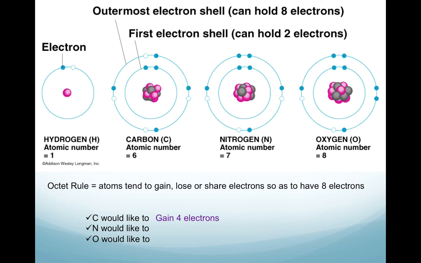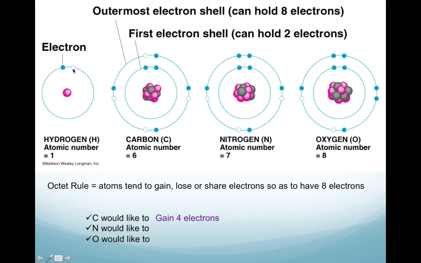Now, these electron shells, like I said before, determine how the atom interacts with other atoms. The reason is that these atoms' main goal is to fill their outermost electron shell. Hydrogen really wants to fill this electron shell, and it can't do it because it's not filled, it only has 1. It needs another one.